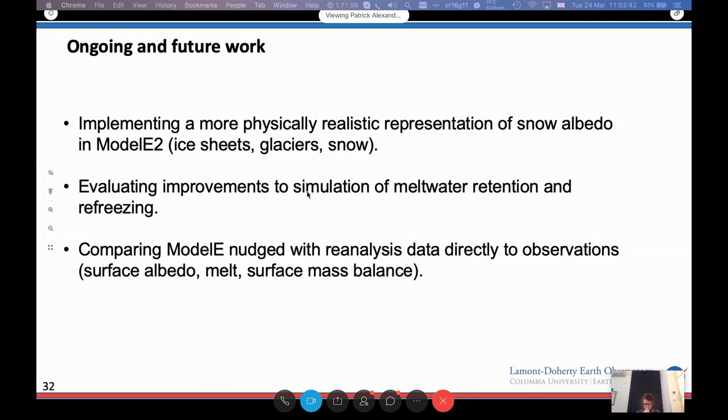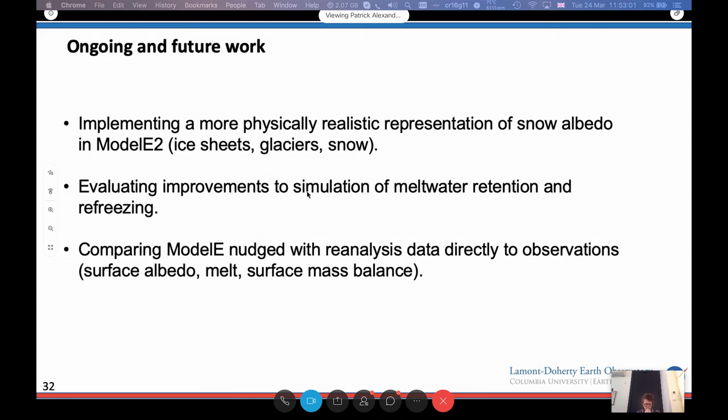So this means we can more closely approximate the recent atmospheric changes, and with that, we can actually compare Model E with observations directly. So those are things I'm planning to do.